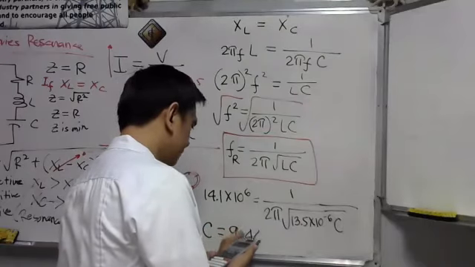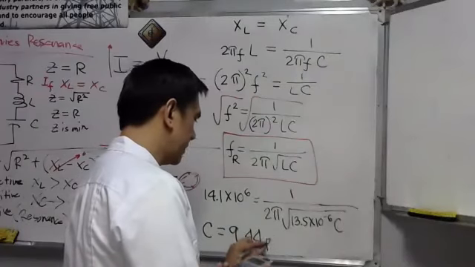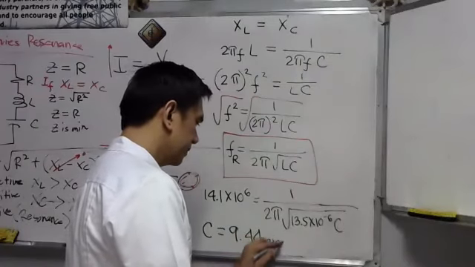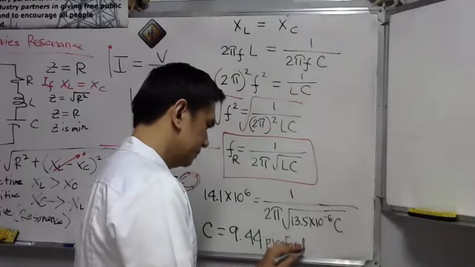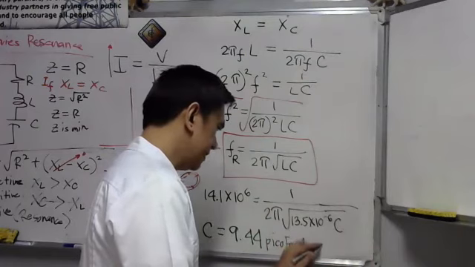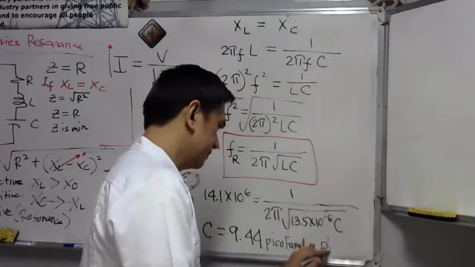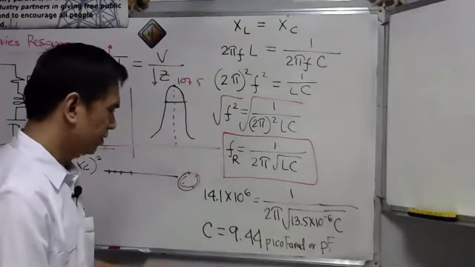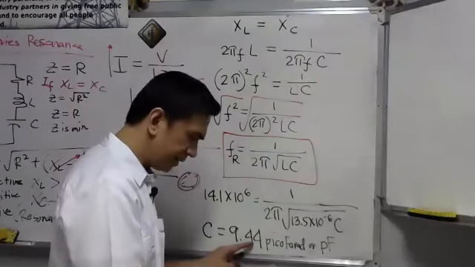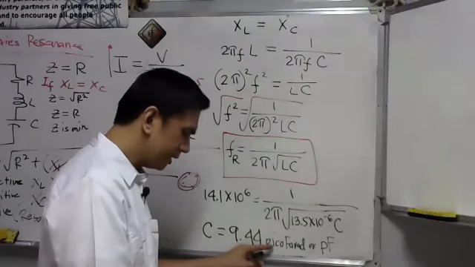Okay, 9.44 times 10 to the negative 12. That is picofarad. Pag sinabing picofarad, automatic 10 to the negative 12.